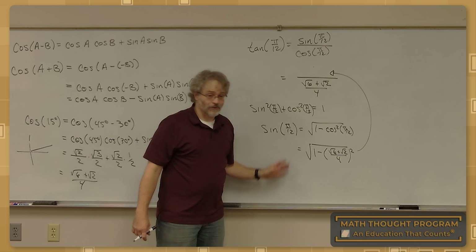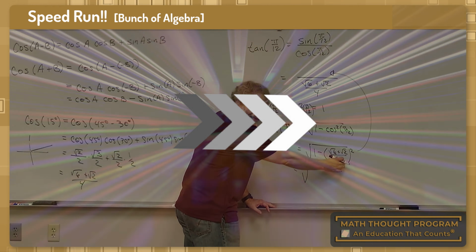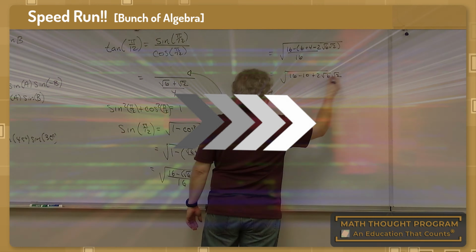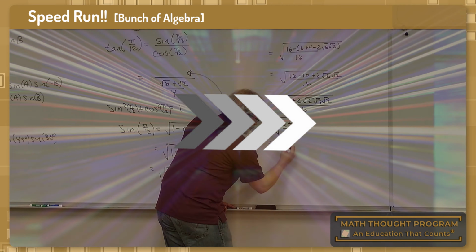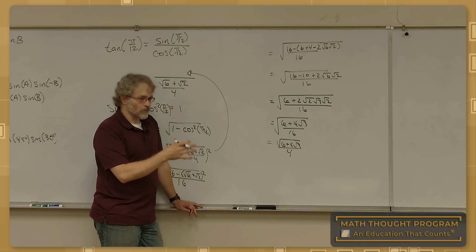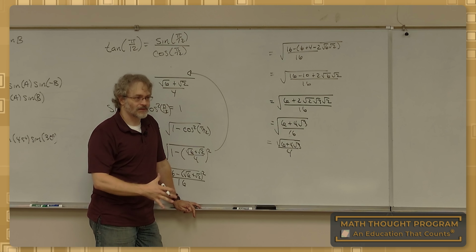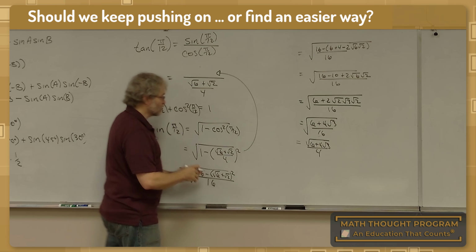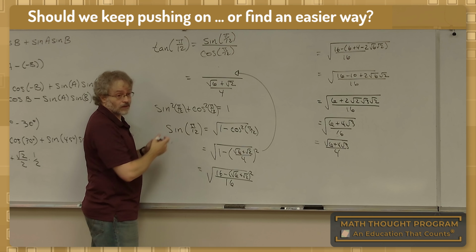Okay, so we can definitely start simplifying. And we can keep going with this, but it's starting to get a little bit complicated, isn't it? It's starting to spiral out of control. I could use the Pythagorean theorem here. It will work.